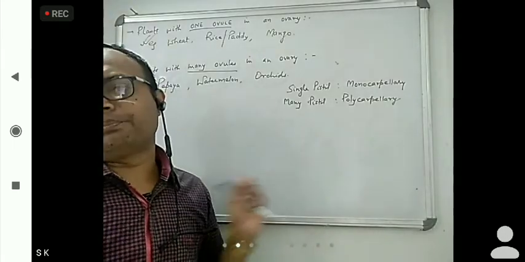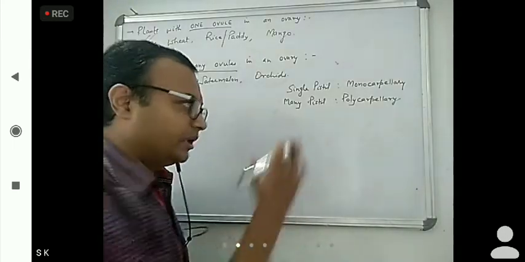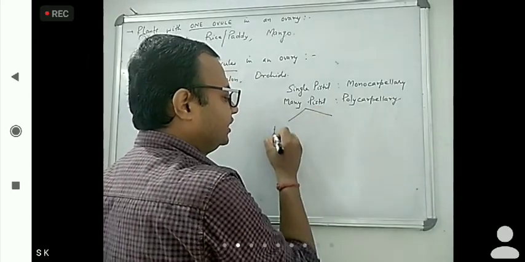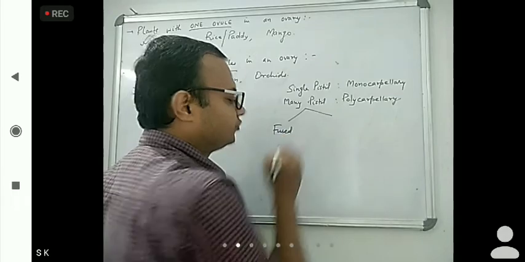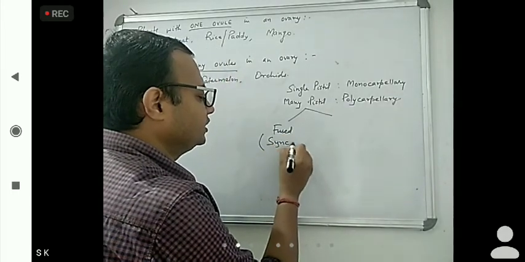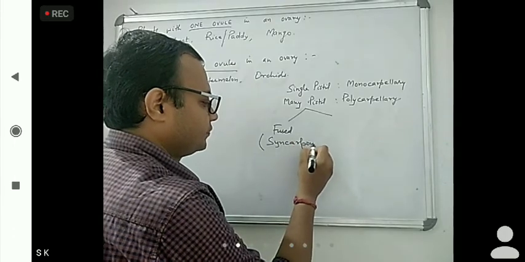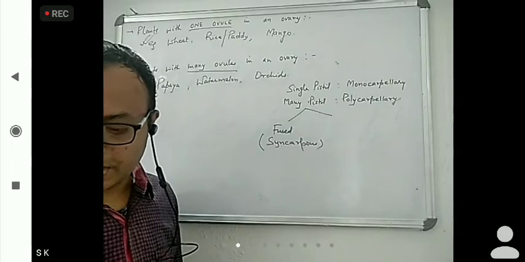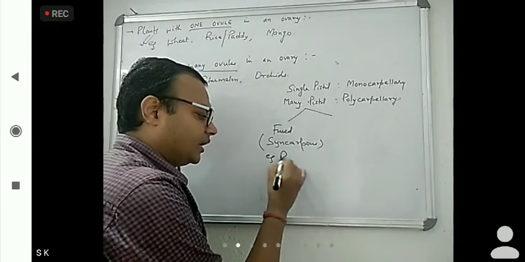Now if many carpels are there and the pistils are fused, that condition is known as syncarpous, and the example is Papaver.